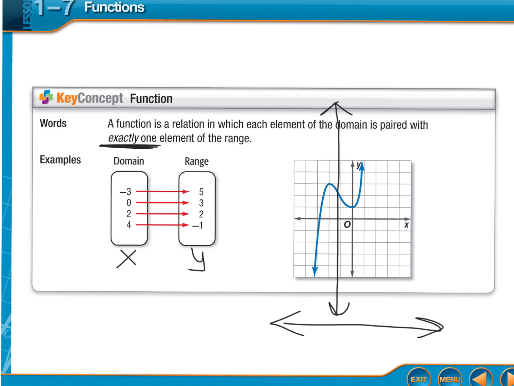Yes. Okay, so this one is a function. So everyone just put yes. When you put yes, that means it is a function. So, main thing, each x has what? Exactly one y. Okay? It cannot have more than one. If it has more than one, it is not a function.